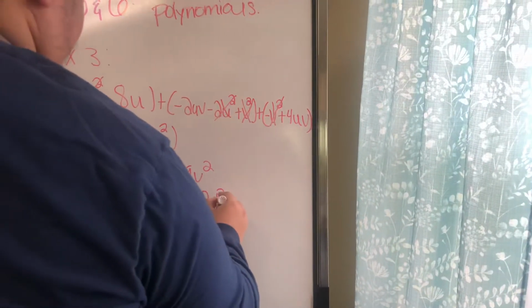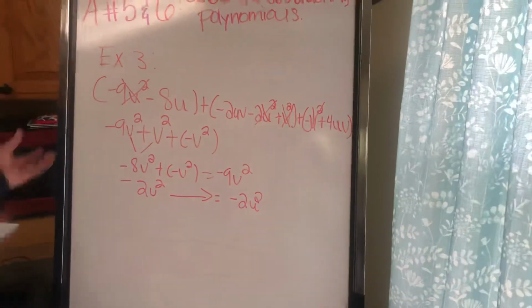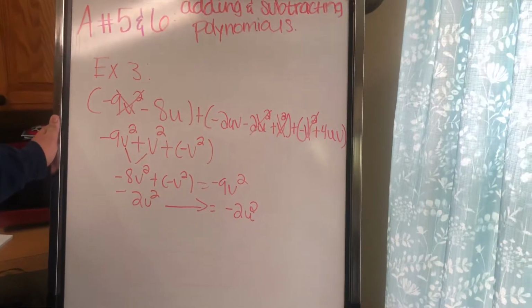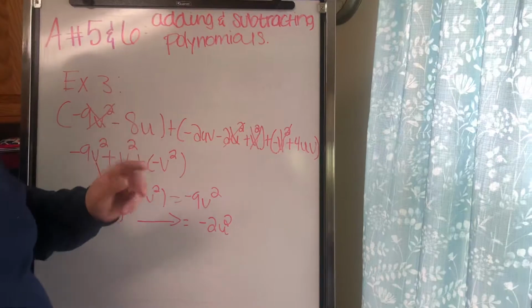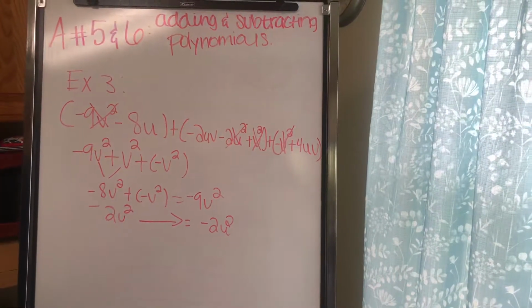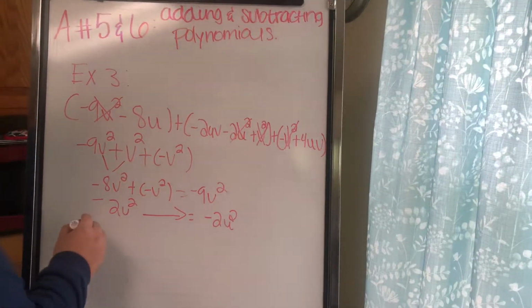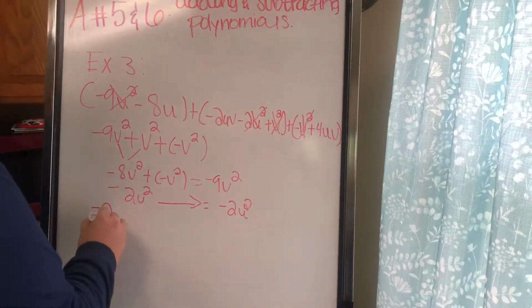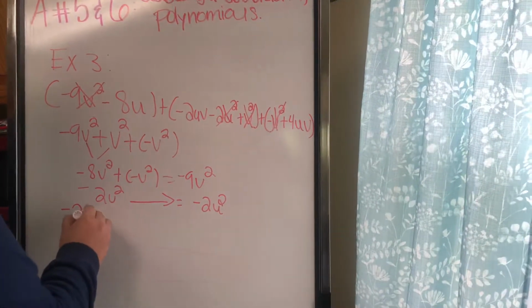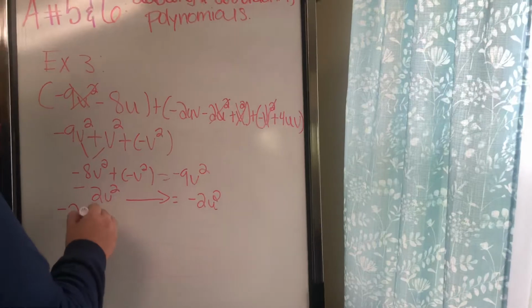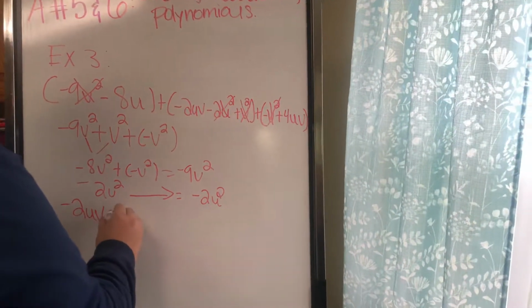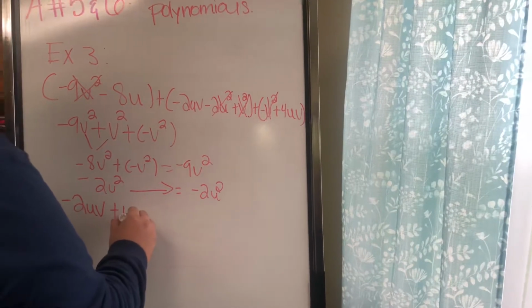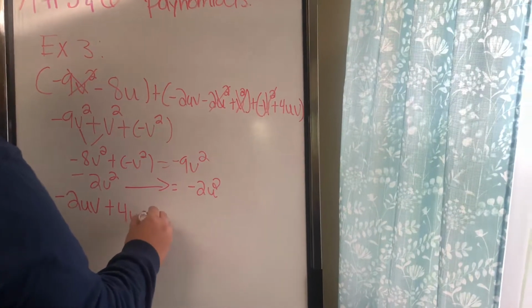Now, let's go to the next part that gets rid of this. Let me put my u a little bit better. And now, notice, we go to our two variable terms. There's only two of them. There's nothing on the left side. So let's combine them. We're going to have negative 2uv plus 4uv.